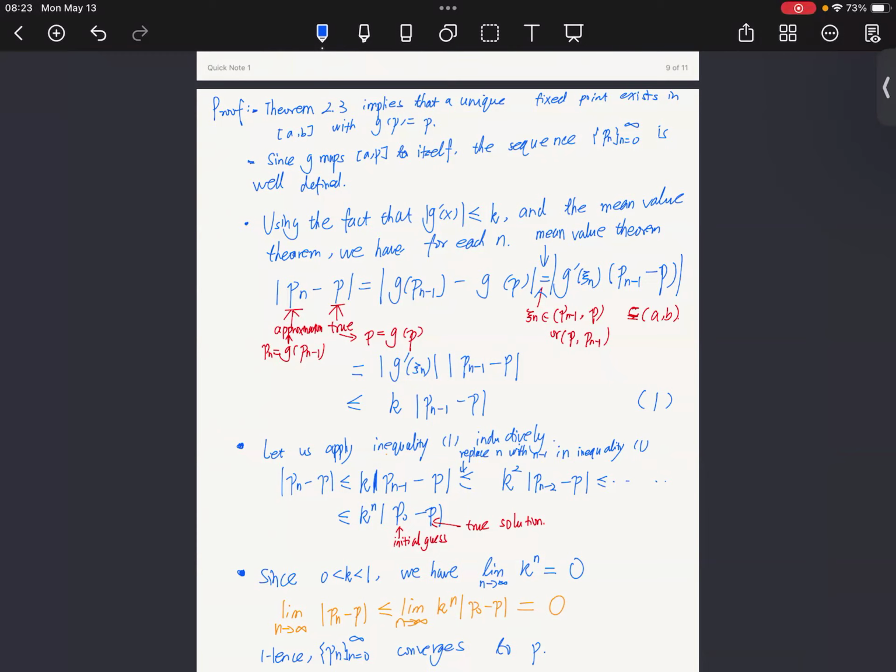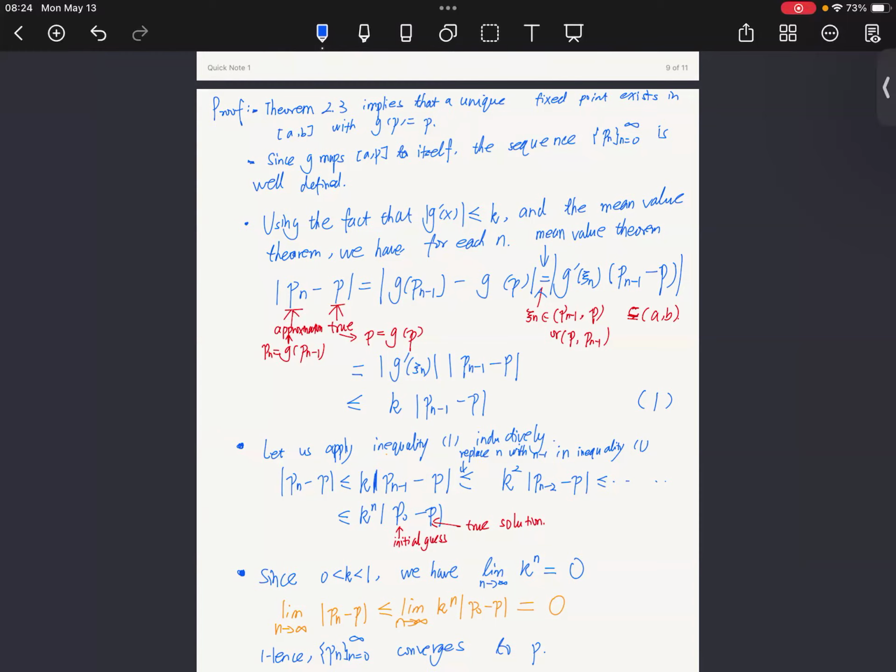Then we use the bound of the derivative G prime and the mean value theorem to derive the bound for Pn minus P. With inequality 1, we apply it inductively, so Pn minus P is bounded by K to the power n times the initial error.